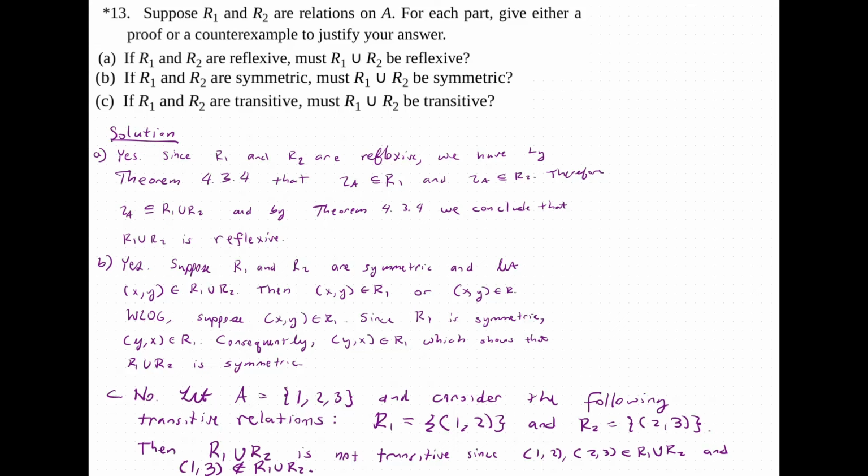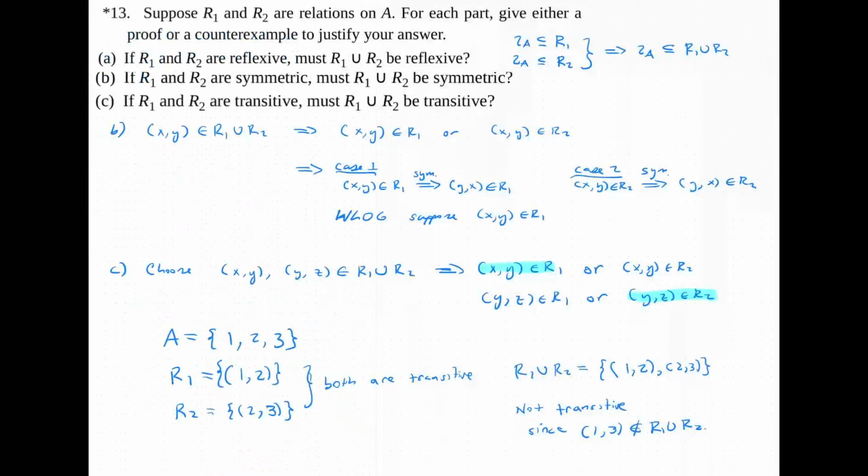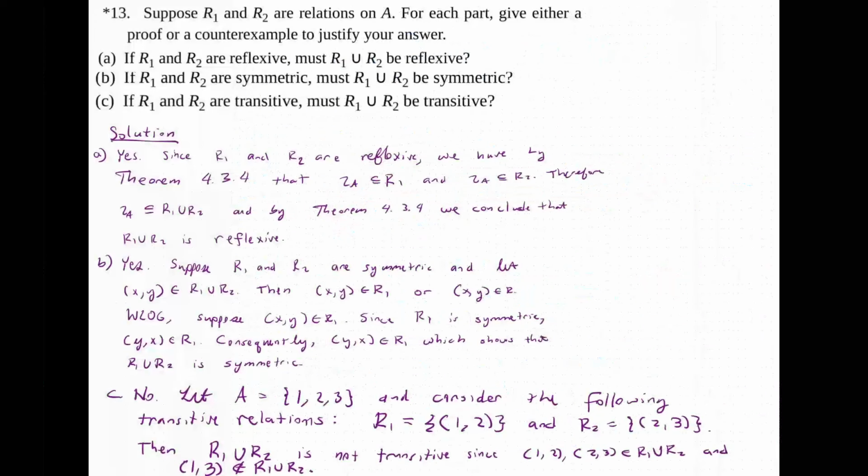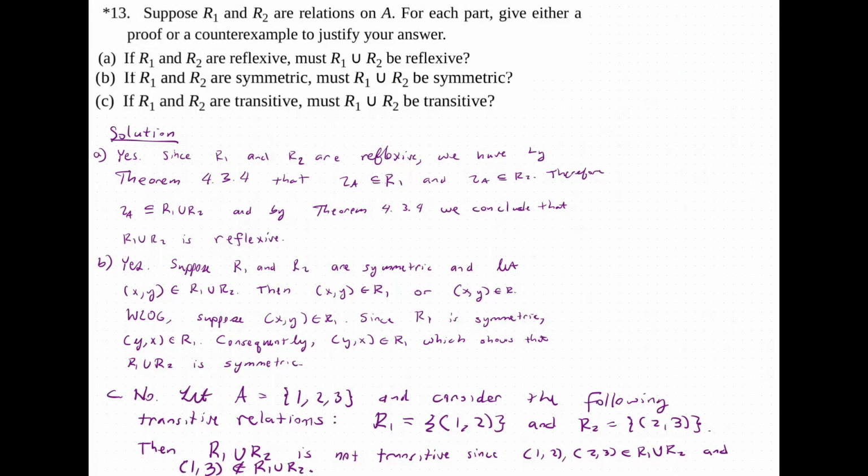For symmetric, earlier in the scratch work, we did two cases, but they are identical. And so now, when we run through the argument, we suppose R1 and R2 are symmetric, we choose our (x, y) in the union of R1 and R2, and that tells us that, by definition, (x, y) is in R1 or (x, y) is in R2.